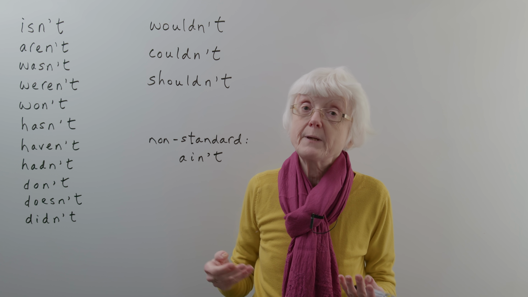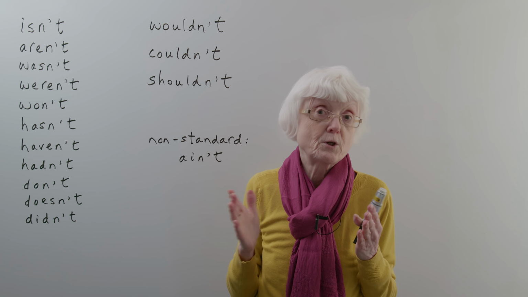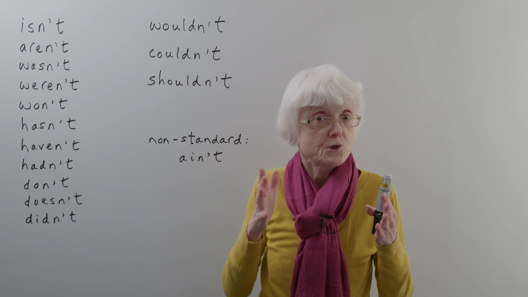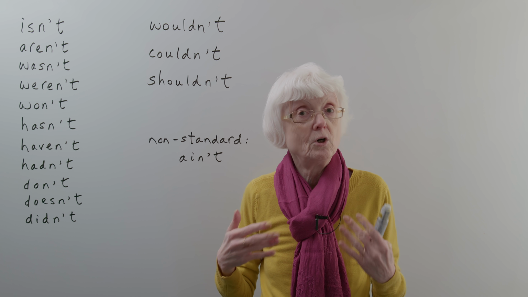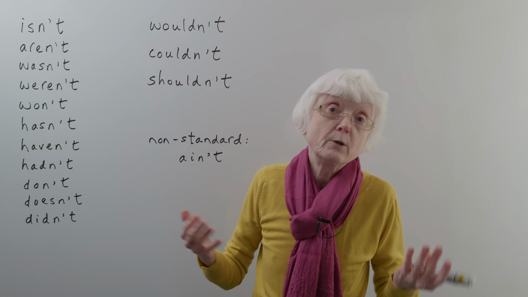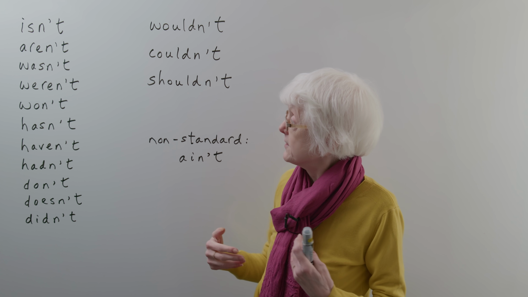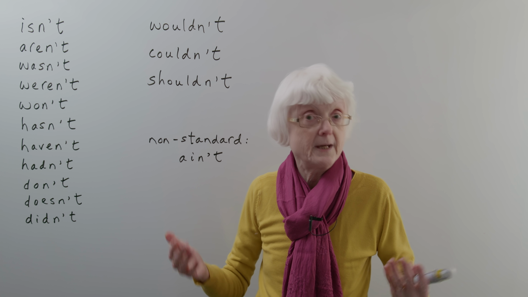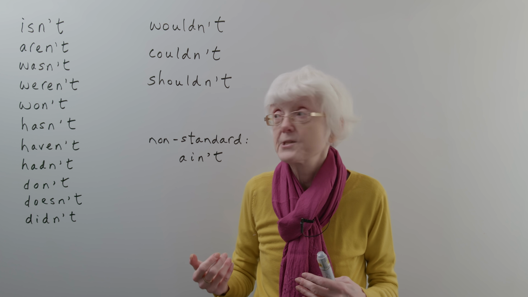And when people are speaking, they make things shorter for convenience, because it's shorter and quicker, and it's more informal as well. So people don't go around saying is not, are not, were not. When they're having a conversation, they use these abbreviated forms.